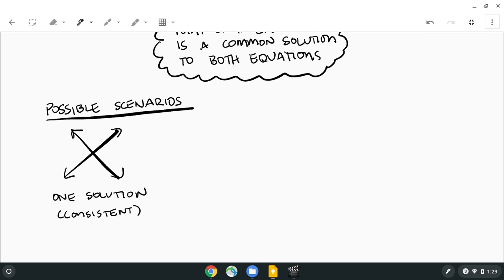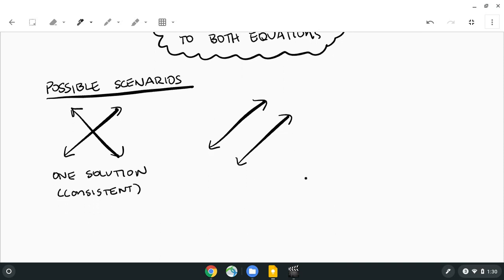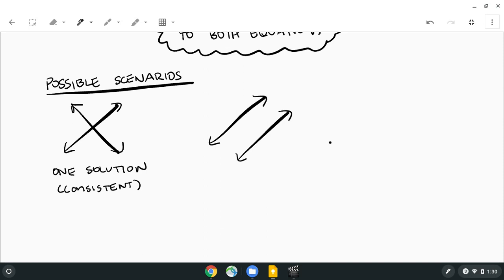Another scenario is if we have parallel lines. Well, if these are parallel lines, they never intersect and they never have a common solution. They never share a point. So here, they would have no solution.